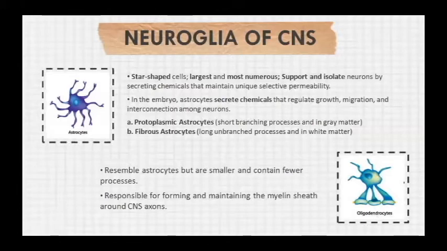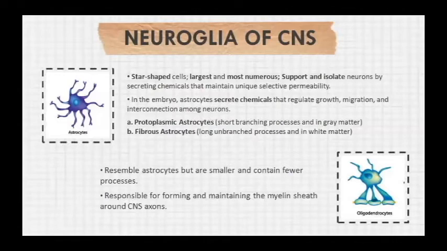They are responsible for forming and maintaining the myelin sheath around CNS axons. So oligodendrocytes may somehow look like astrocytes, but their function differs because they only maintain and make the myelin sheath on the CNS axons.